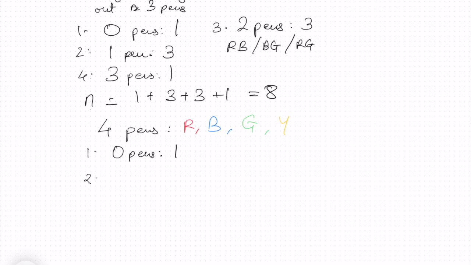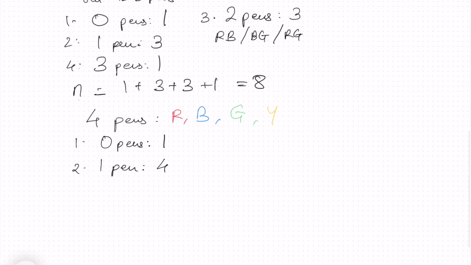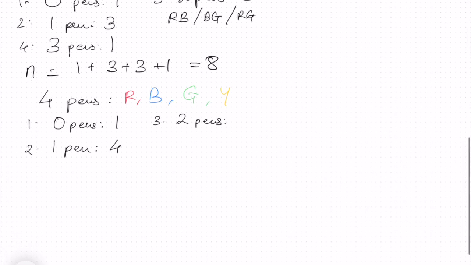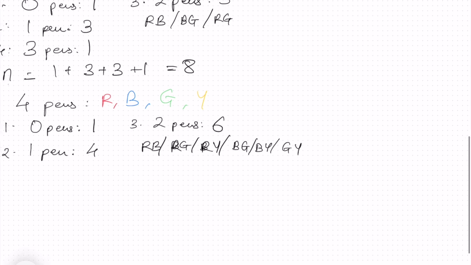The second possibility that I give away 1 pen, 4 ways to do that. The third is 2 pens. Now 2 pens I can give away in the following ways. Again, you can count for yourself: RB, RG, RY, BG, BY, and one more, GY. So 6 ways.